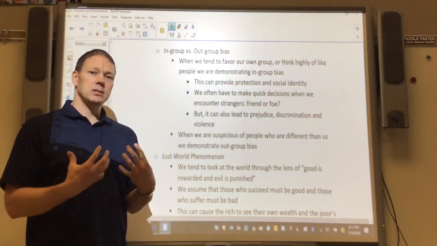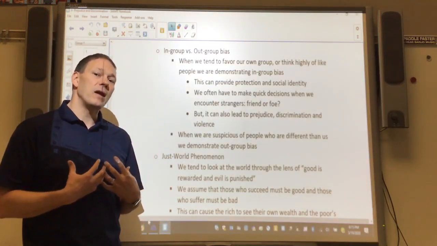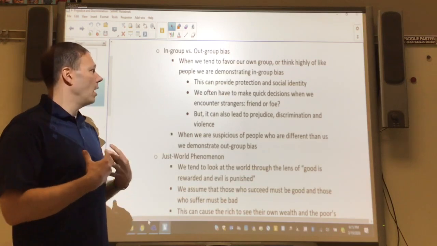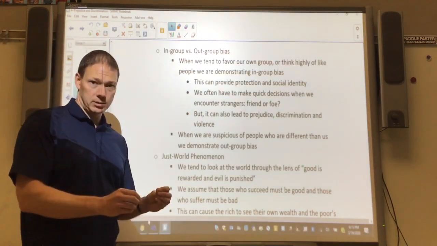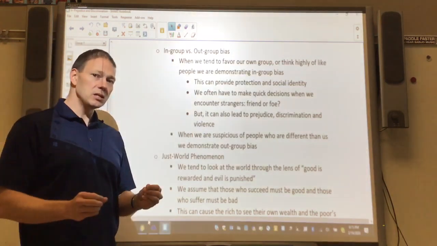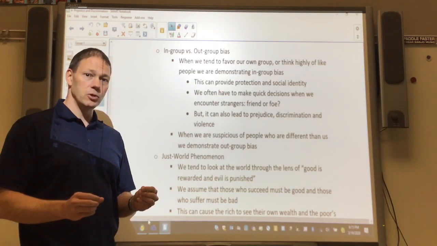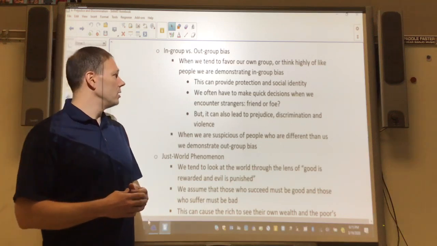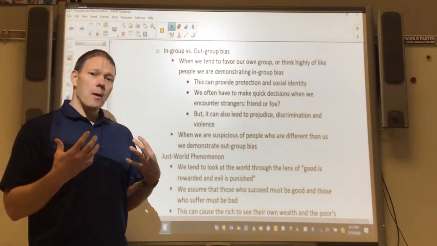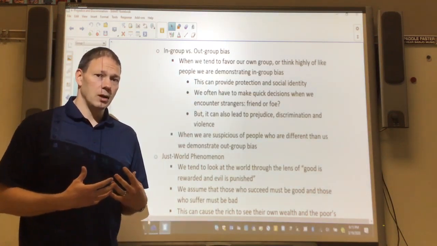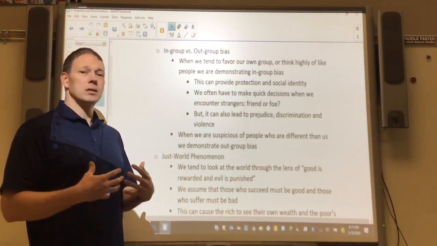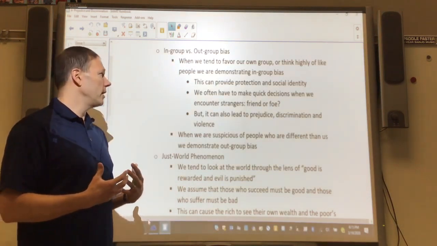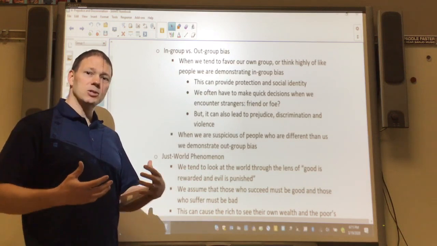So in-group bias is when we naturally tend to favor or think highly of the people that are like us, okay? So if you automatically see somebody that identifies in the same category as you and you think good things about them, you are demonstrating in-group bias, okay? Now, historically, evolutionary psychologists would say that we created this in order to create and provide protection and social identity.